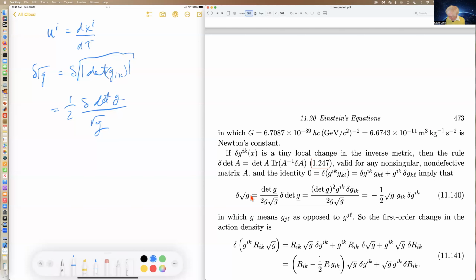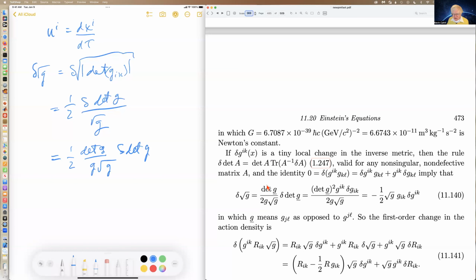It's written in a bit of a funny way here, because it's written as 1/2 determinant of g divided by g, but g is just the determinant apart from absolute value, times square root of g, and then the change in the determinant of g. So that's what this expression is.